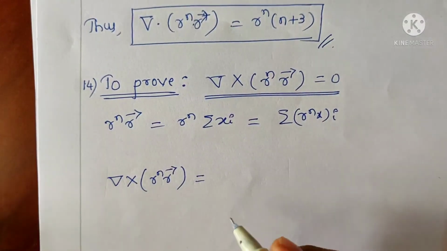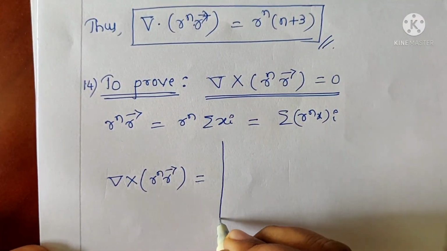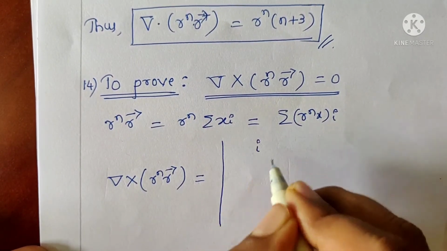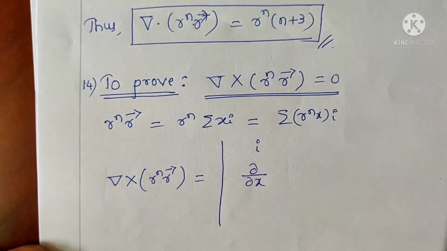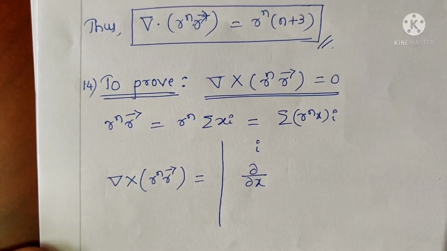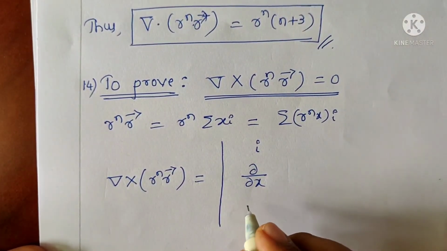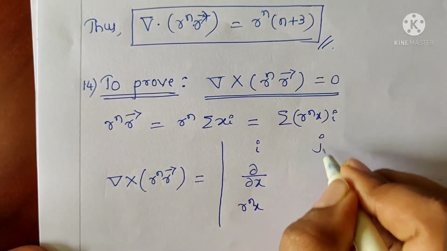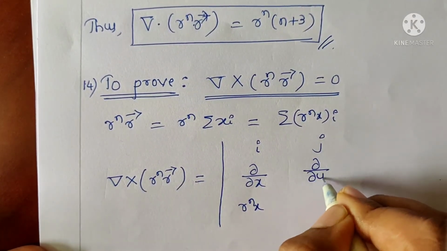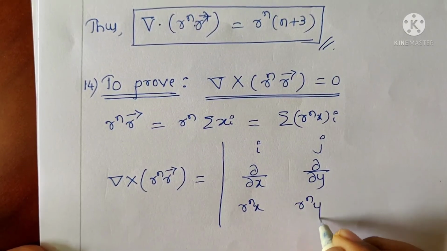So this is equal to, i corresponding coefficient of i for del is ∂/∂x, for r^n into vector r is r^n into x. Next j, then ∂/∂y, then here r^n into y.